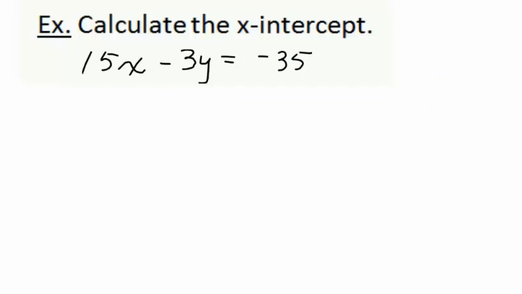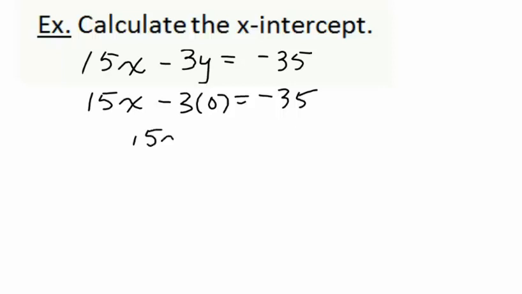Let's do one more example where we have the line 15x minus 3y equals negative 35. We're going to use the same strategy. If we'd like to calculate the x-intercept, we're going to set our y-coordinate equal to 0. That means we're going to sub in y equals 0 here. Notice that 3 times 0 is equal to 0, so we're left with 15x equals negative 35.